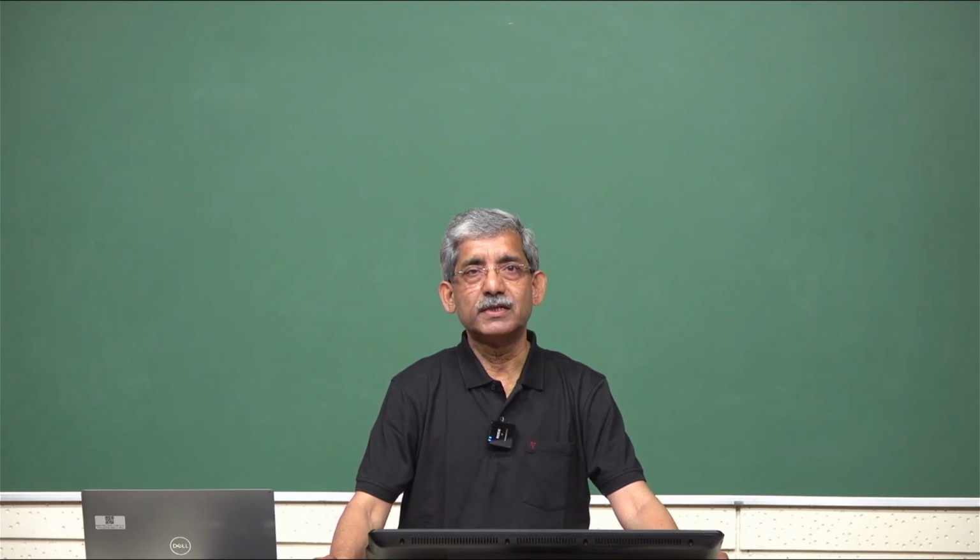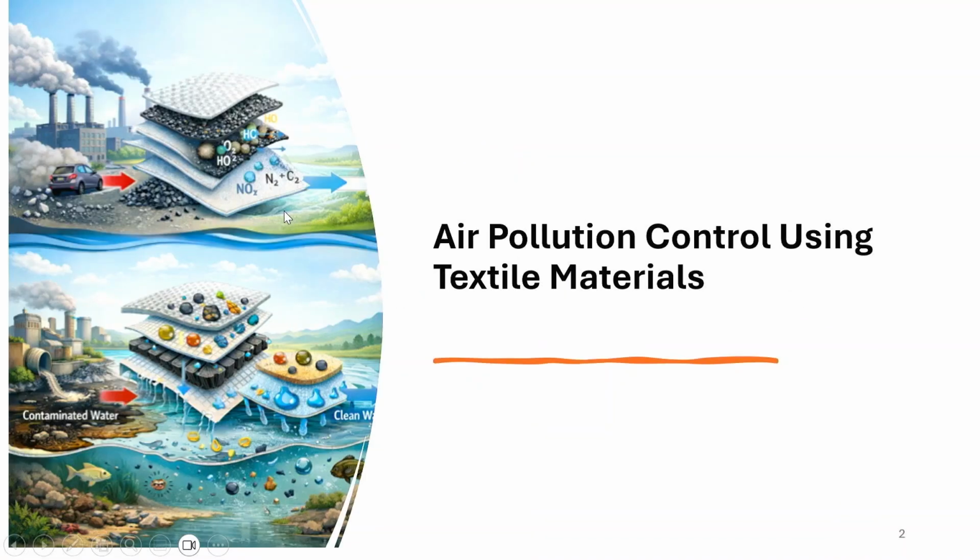Textile materials are widely used for controlling air pollution and to protect human beings. Although for water pollution also, along with other technologies, textiles are used.